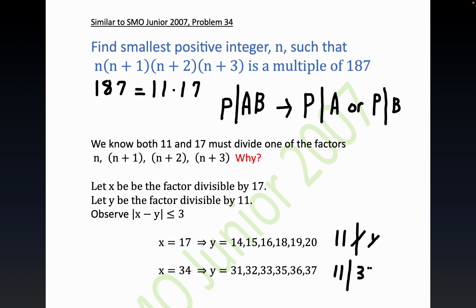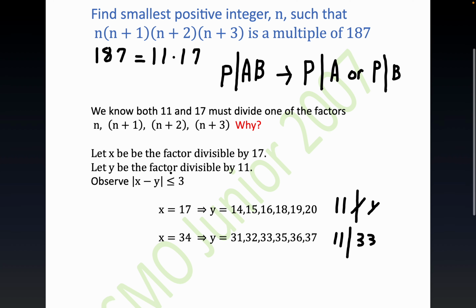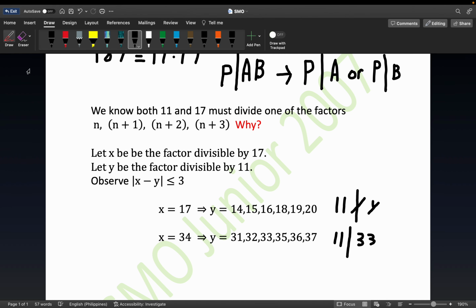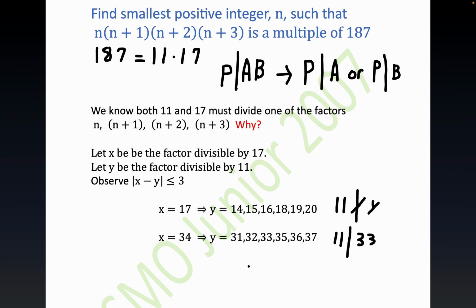And so what we can establish right here, since we're looking for the smallest n that satisfies this condition, is that the string of numbers would have to end with 33 and 34 to ensure the minimality of n. So I'm going to write 33 times 34. These numbers by themselves are divisible by 187, just by construction.